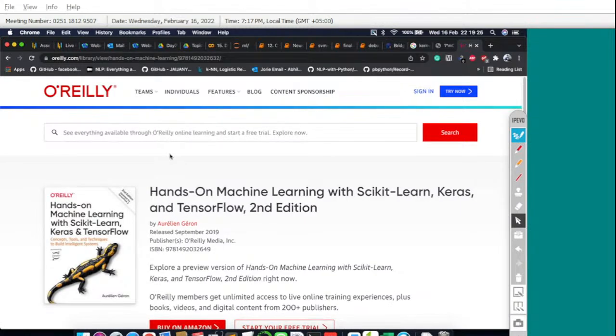This book, I think we have talked about this book three, four times now. You can refer to this book: Hands-on Machine Learning with Scikit-Learn, Keras, and TensorFlow.